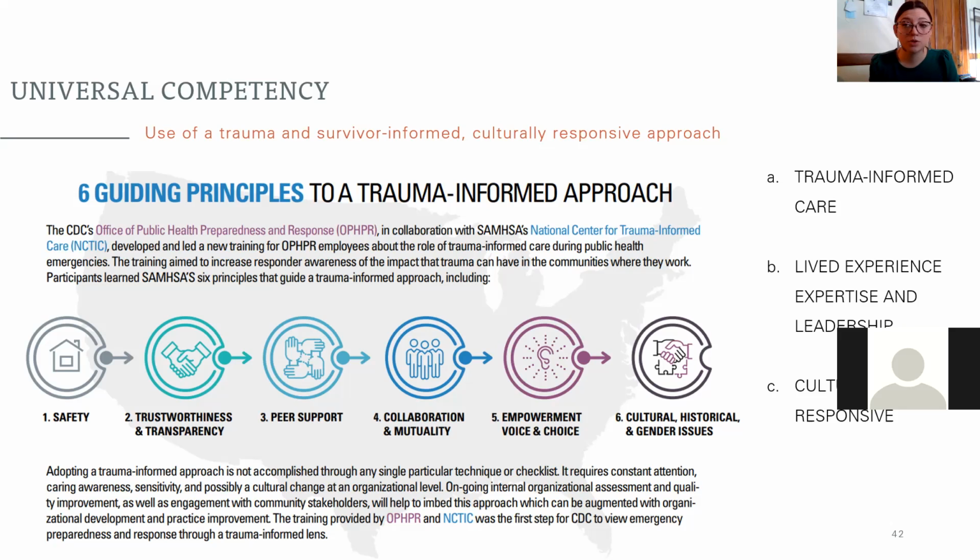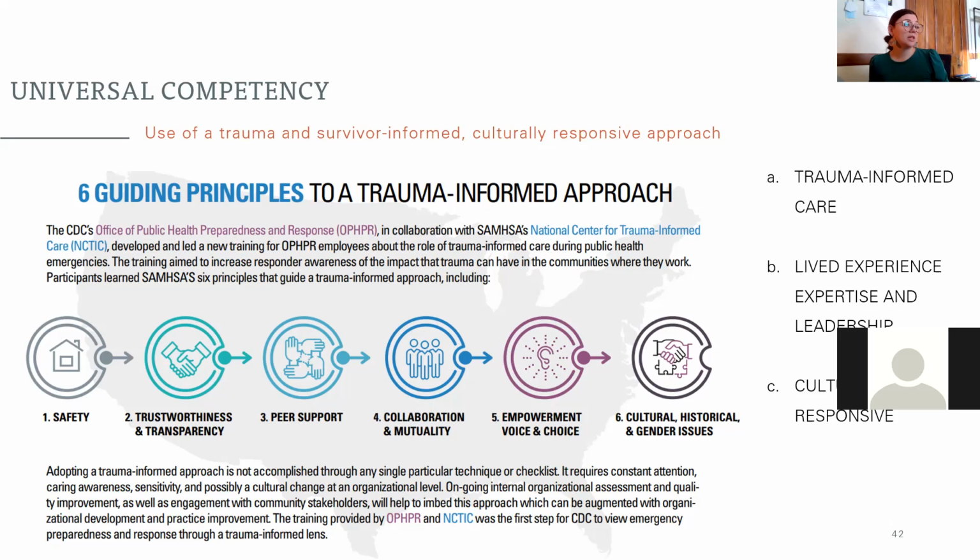So right now, during the COVID-19 pandemic that we are still all living in, the 6 principles that guide a trauma informed approach are safety, trustworthiness and transparency, peer support, collaborative mutuality, empowering voices and choice, and that one is so important, and then cultural, historical, and gender issues.